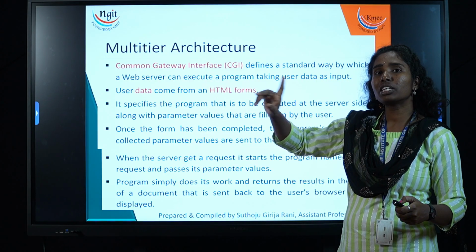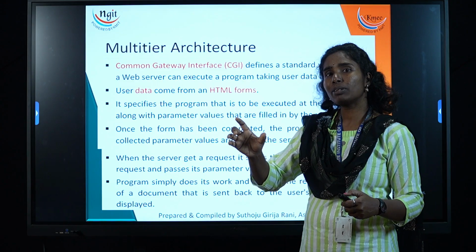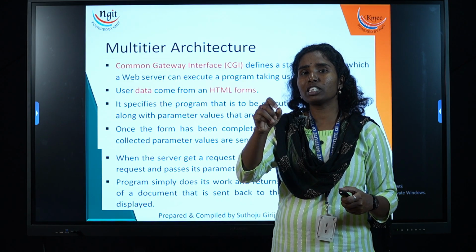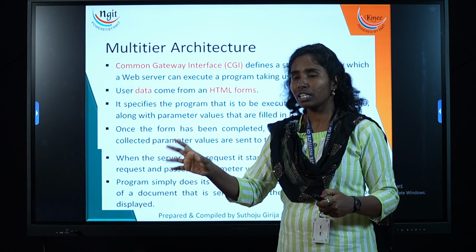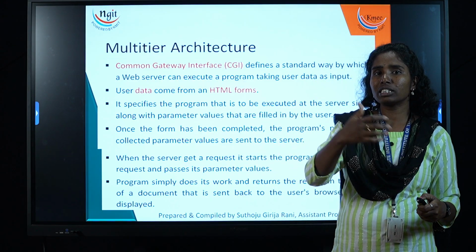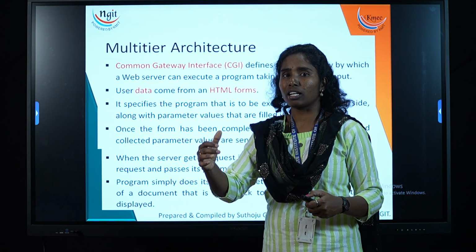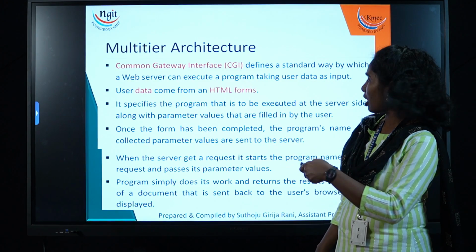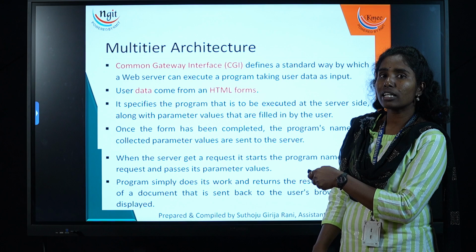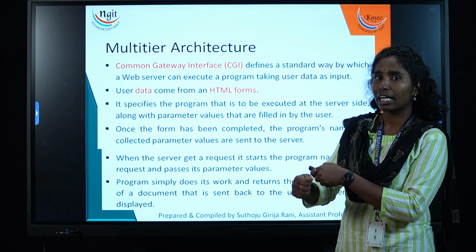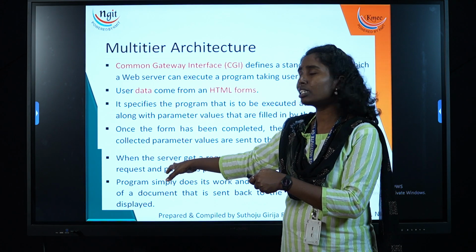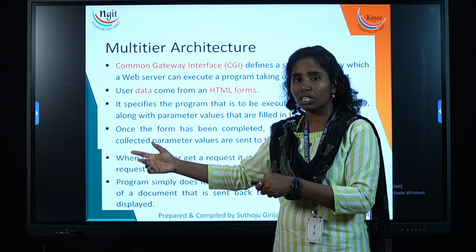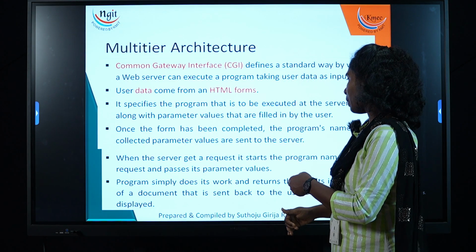As we have mentioned, the main part of the web document will be maintained in the HTML page or else in the XML page. XML will be with the configurations and HTML will be with the data, right? This content we are going to maintain in the multi-tier architecture, which will take input requests from the client and give responses from the server with respect to whatever it gets as input.